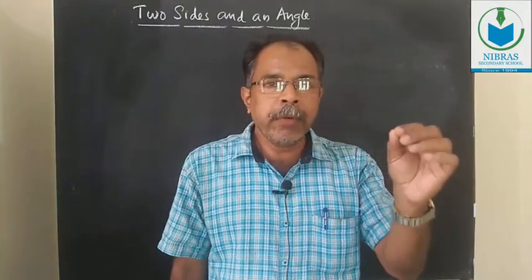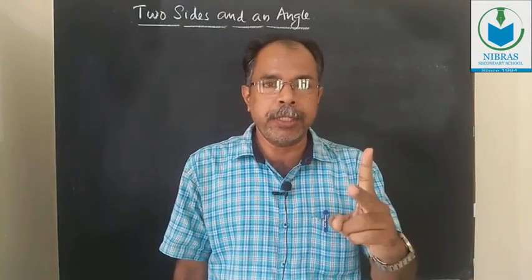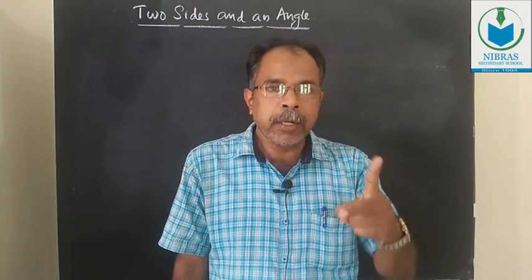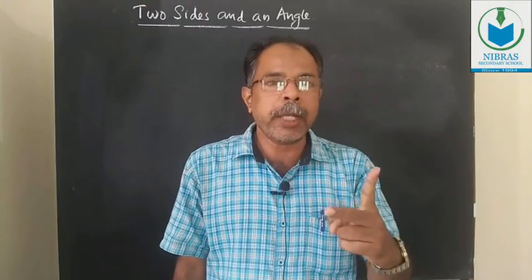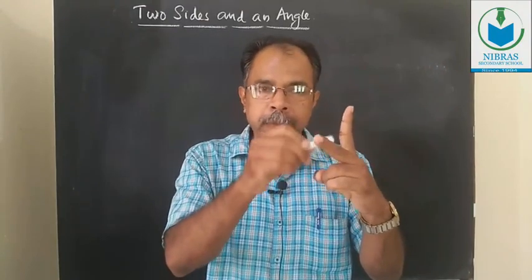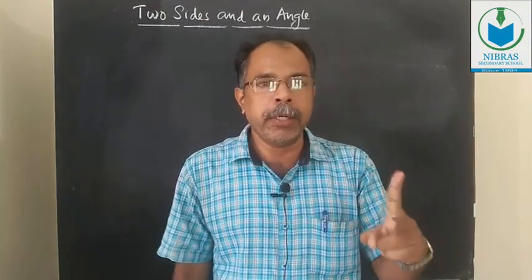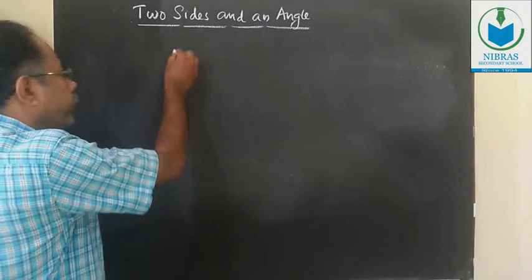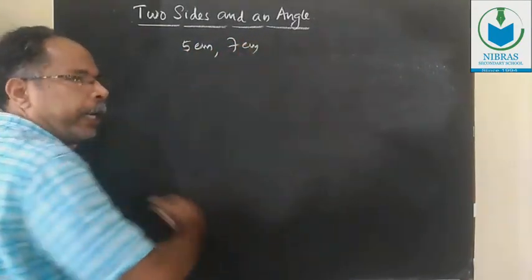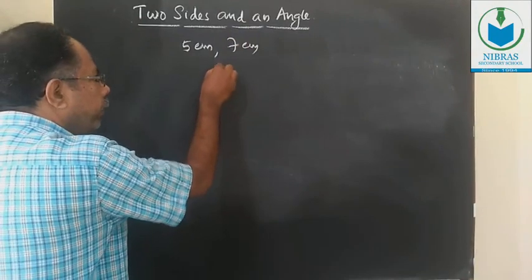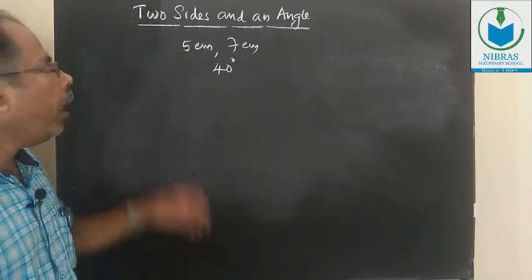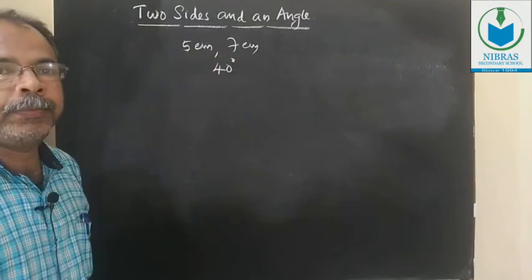The measurements given are the length of two sides and the angle between the two sides. Suppose the length of sides are 5 centimeter and 7 centimeter, and the angle between them is 40 degree. How can we draw this triangle?